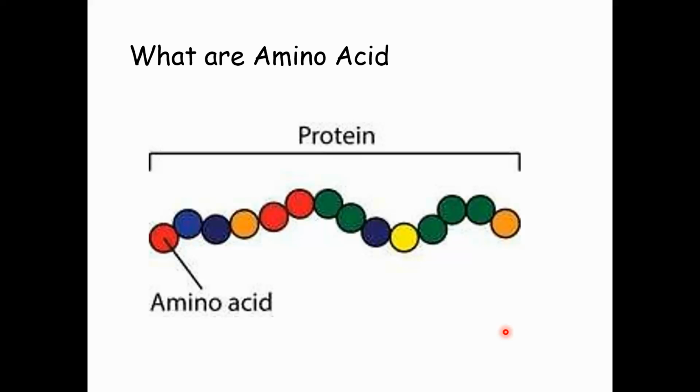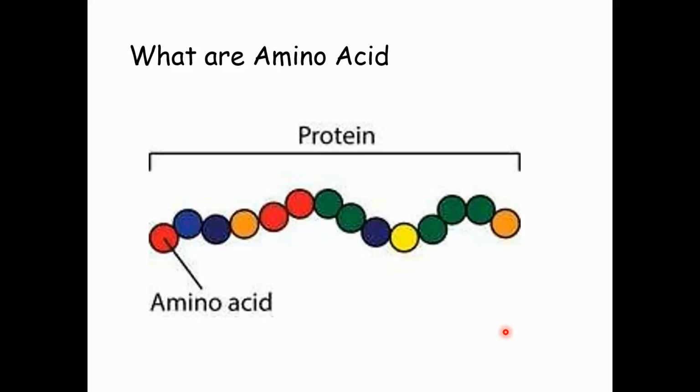So what is the difference between a biomolecule and a macromolecule? The difference is that a simple molecule, like an amino acid, is just a single entity. So what is a macromolecule? Once many biomolecules join together, they make a big molecule that we call a macromolecule.